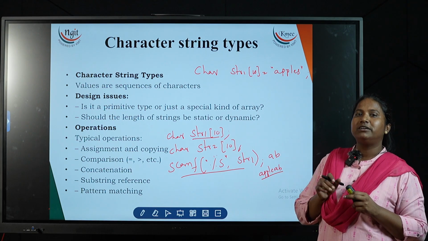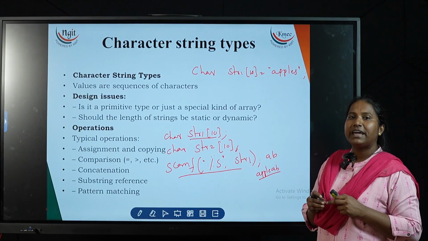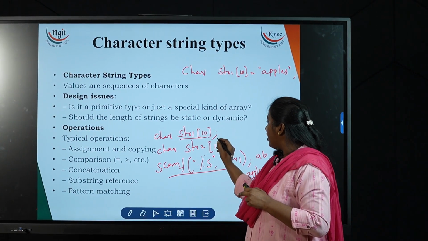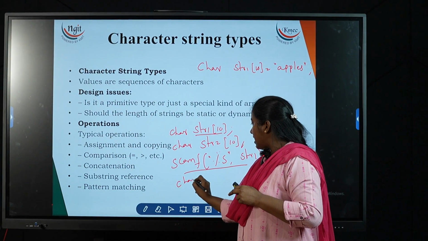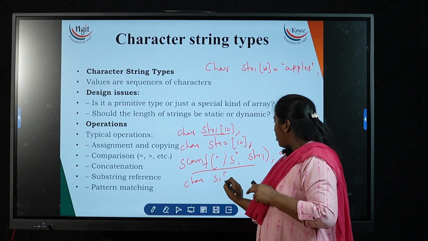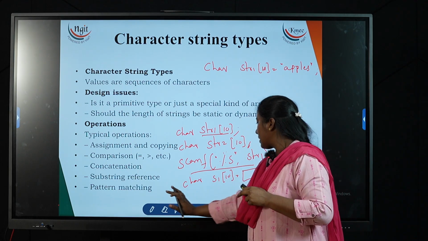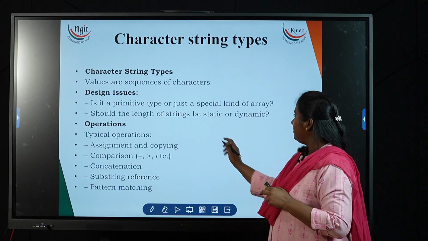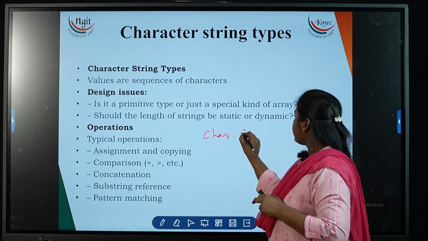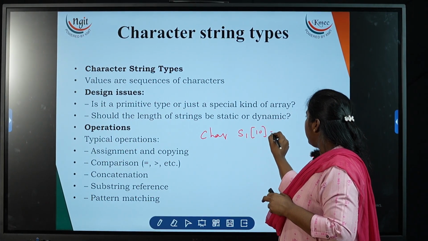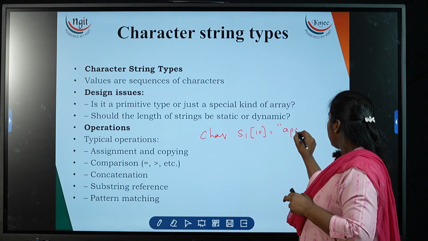And you also have limited dynamic. That is also there in programming languages. Limited dynamic, in the sense, you may not cross the limit. I'll show you with an example. If I go with the example char S1 of 10 is equal to the value apple.